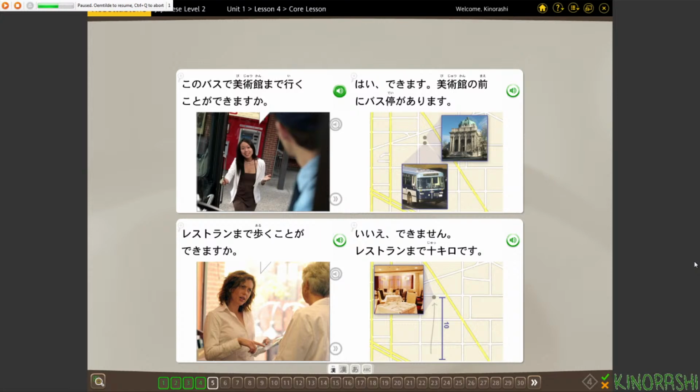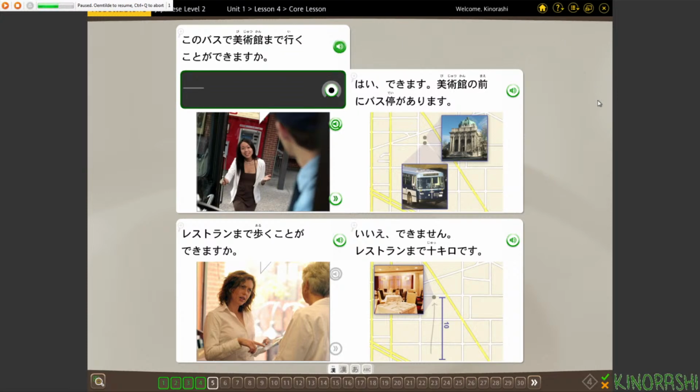このバスで美術館まで行くことができますか？このバスで美術館まで行く. Let's see, iku, if I remember correctly, that is the iku conjugation.